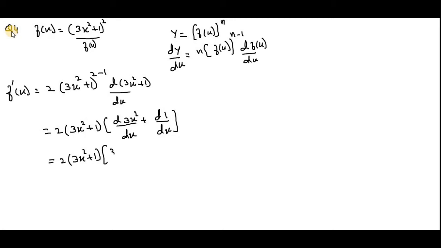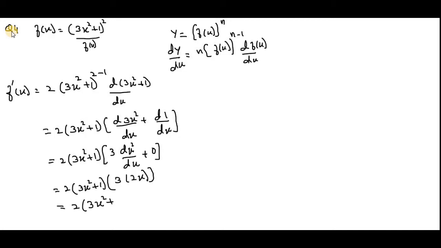Now 2 times 3x square plus 1 times 3 dx square by dx plus 0. 2 times 3x square plus 1 times 3 times 2x. 2 times 3x square plus 1 and 6x, and finally 12x times 3x square plus 1.